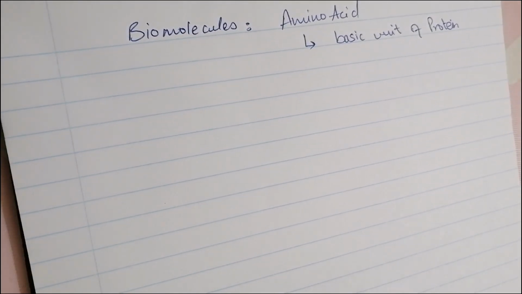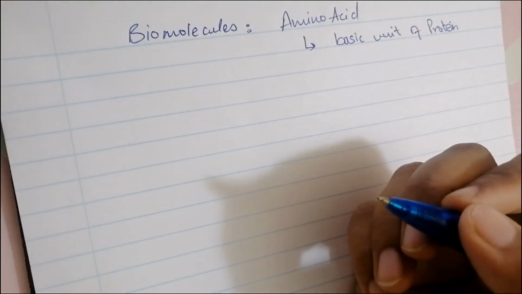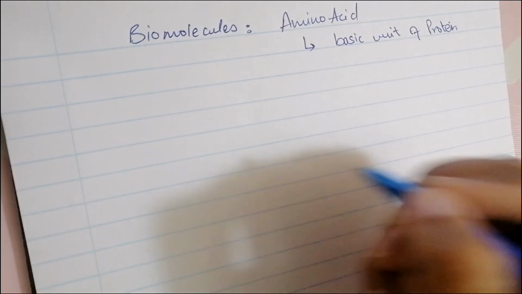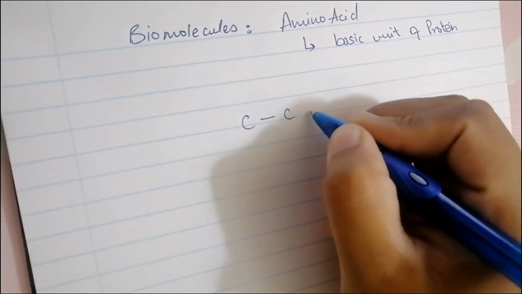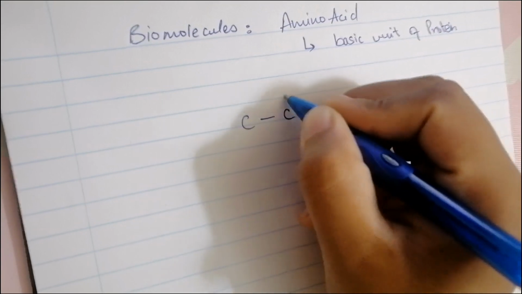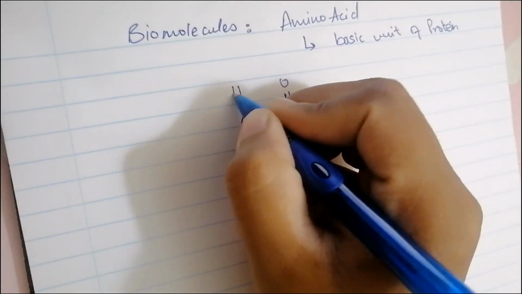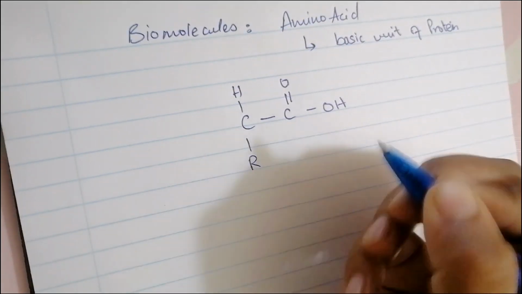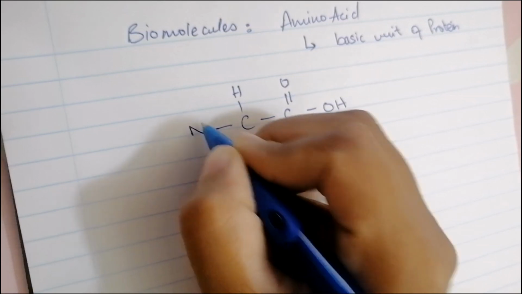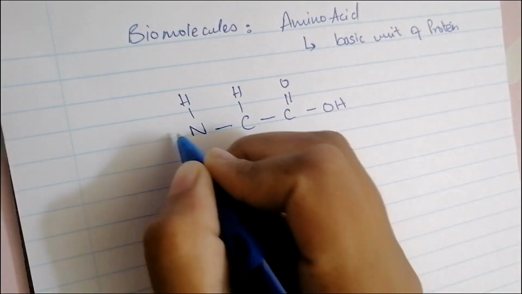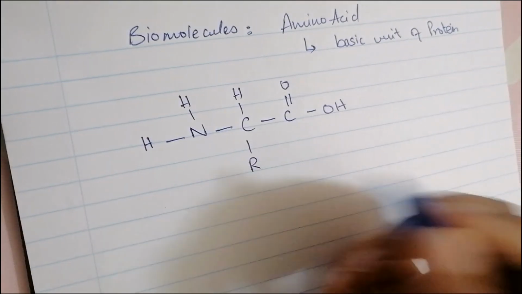So when we're drawing a basic structure of an amino acid, let me give you an example. Let me draw here. So if we say carbon, carbon, OH, and there is a double bond O. You can draw the side chain here and then NH and H. So this is an example of an amino acid.